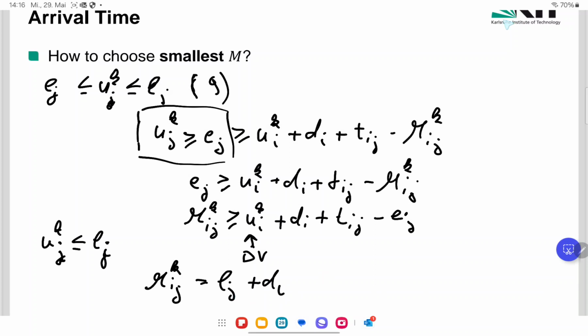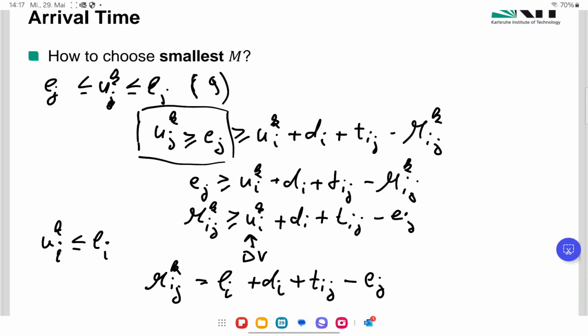I'm sorry, that should be I, which is fine because it doesn't matter if we have IJ, but in this formulation we use I instead of J. So this is the latest time we can start with serving node I plus the duration at node I plus the time traveling from I to J minus our earliest possible service time at J. And with this we can now linearize that.